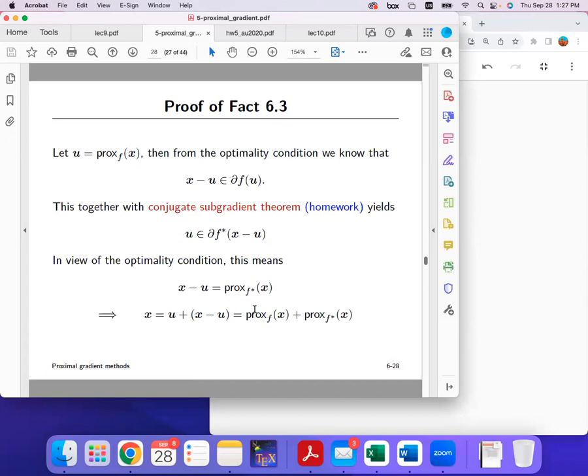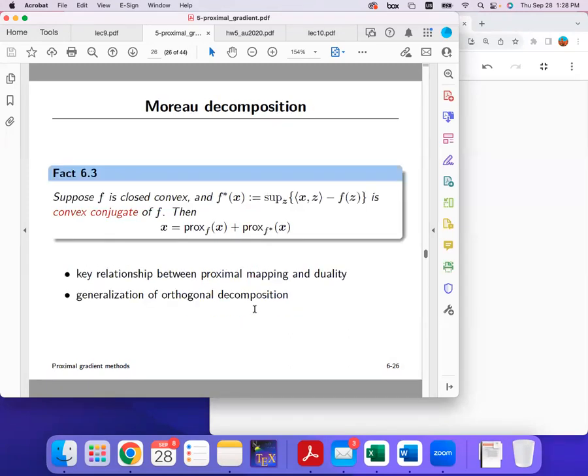I will not go over the proof of this theorem, but this equation is interesting even when we consider the indicator function of convex sets. This f may not necessarily be the indicator function of a subspace. It could be an indicator function of a convex set.